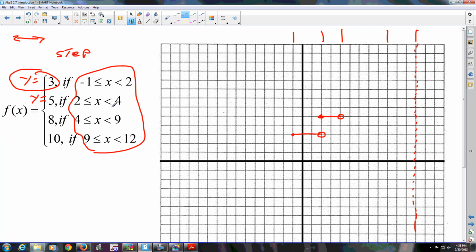Again, because closed, open. Next one's at 8. So this was 5, 6, 7, 8. Start here, go between the next two boundaries. This one's closed. This one's open. Go to the next one. Horizontal line at 10. That's 8, 9, 10. And you get a horizontal segment between these two.